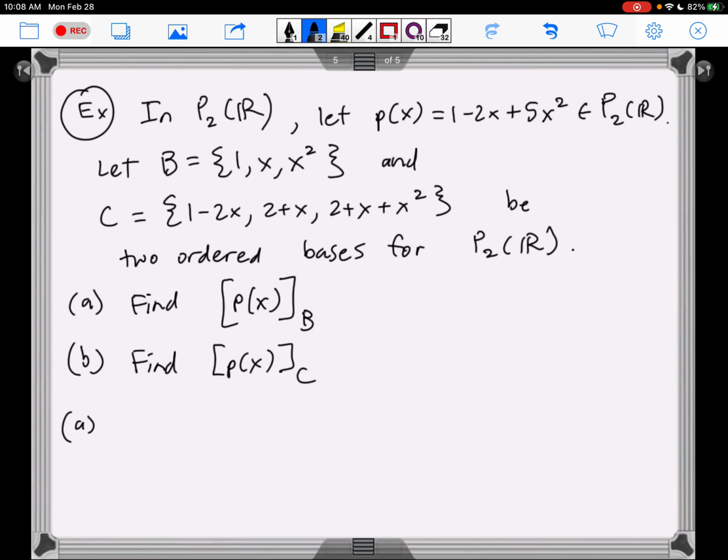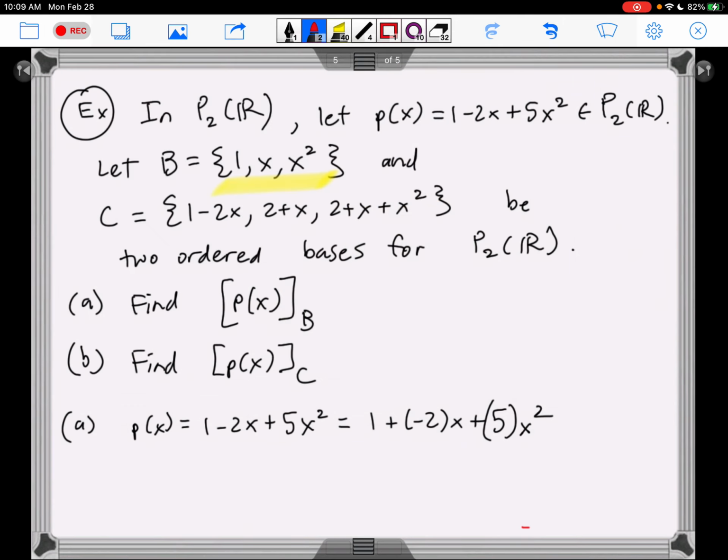You could see that because this basis is so nice here, remember, we're looking at this basis right here, {1, x, x squared}, p(x), which is 1 minus 2x plus 5x squared, is clearly just equal to 1 plus (-2) times x plus 5 times x squared. Let me put in parentheses the guys I care about, and I'm going to underline them in red.